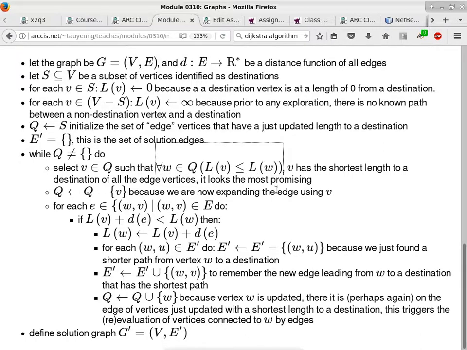Okay? So what do we do once we pick this particular V? The first thing we do is remove it from Q, which means once we select a particular element to, quote unquote, expand, we take it out of the actual set because now it's explored. And then we do this.